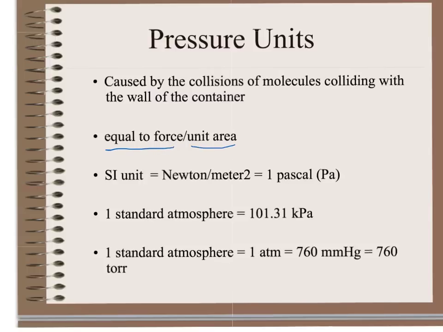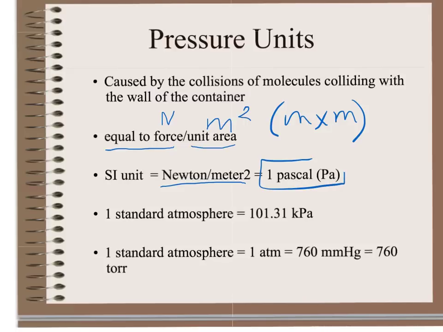And remember, force is measured in newtons. And measurement for area, which would be like a distance, would be meters squared. Because you have meters times meters. Okay? So the SI unit, which is the standard used unit, is the Newton divided by meter squared, which is commonly called 1 Pascal.